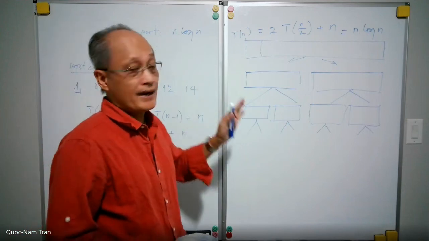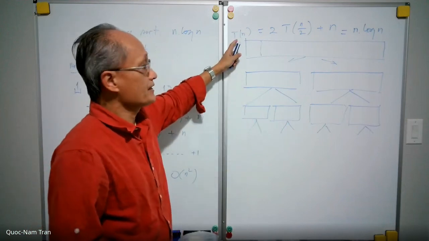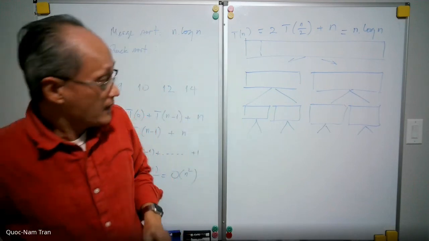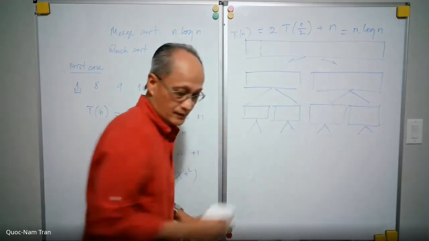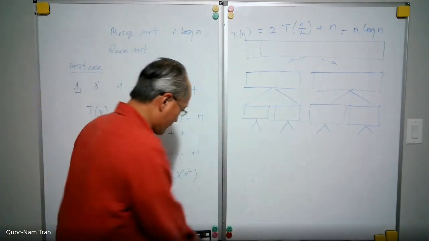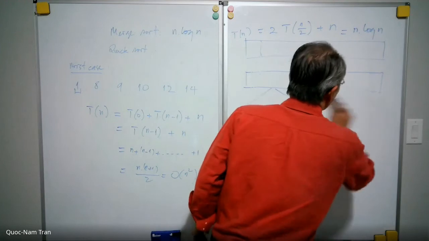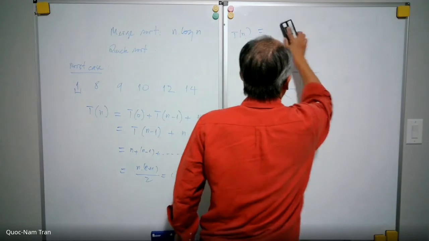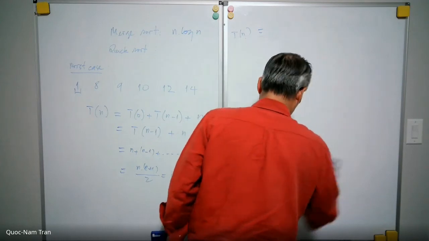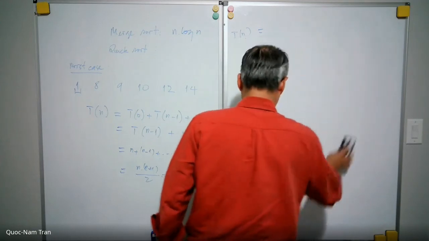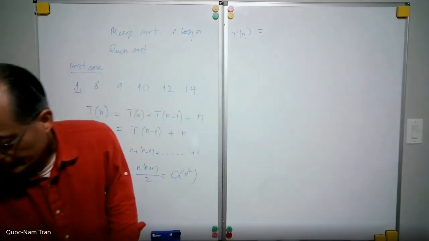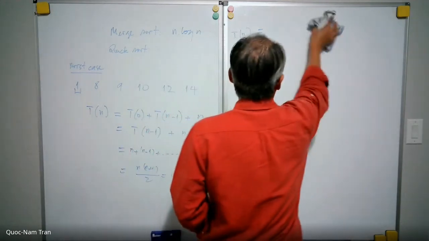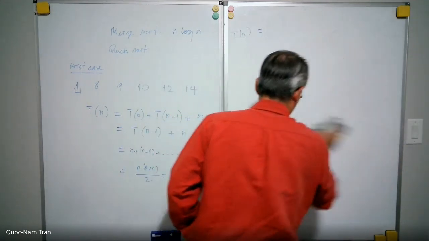Now, we have to be able to analyze the average case for quicksort. Let's do it here to see what we have for the average case. Okay, first things first, how can I calculate the average case for quicksort?